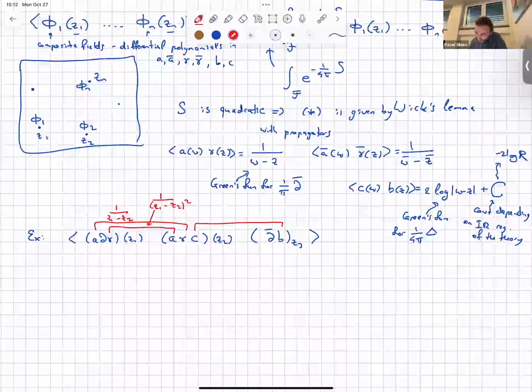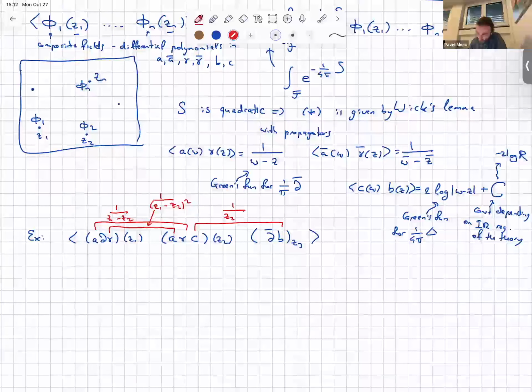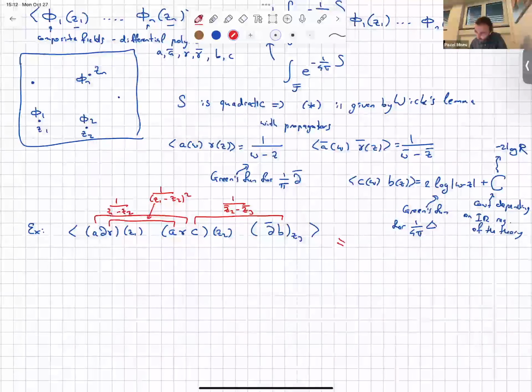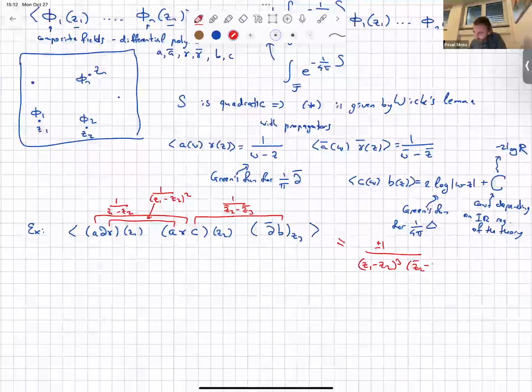That gives me, again up to signs, 1 over (Z2 bar minus Z3 bar). So this contraction gives me, plus or minus, 1 over (Z1 minus Z2) cubed times (Z2 bar minus Z3 bar).